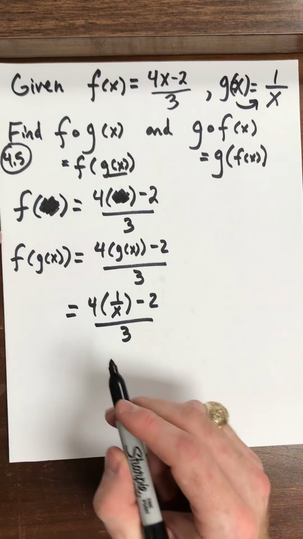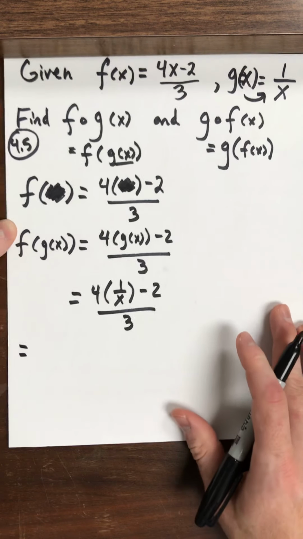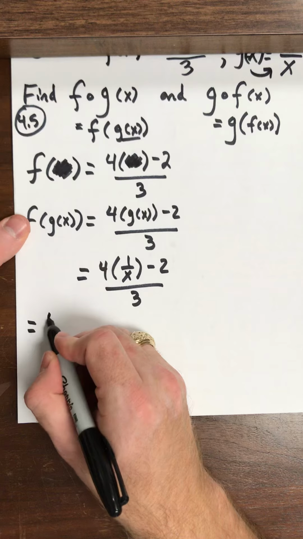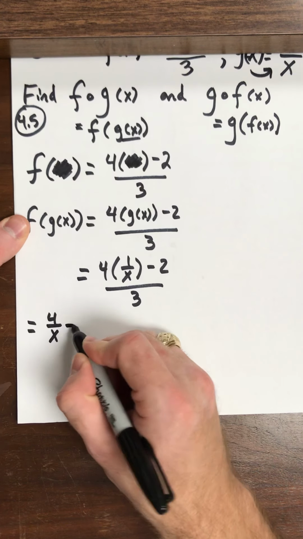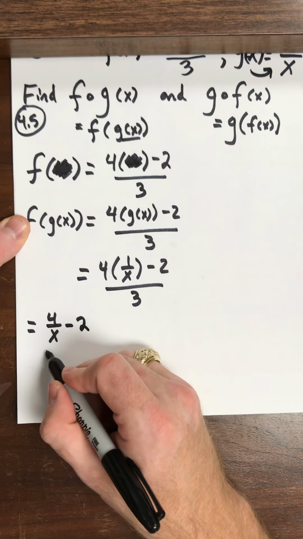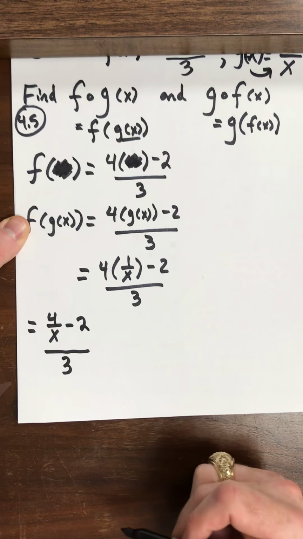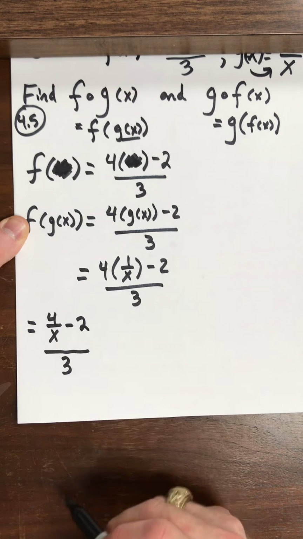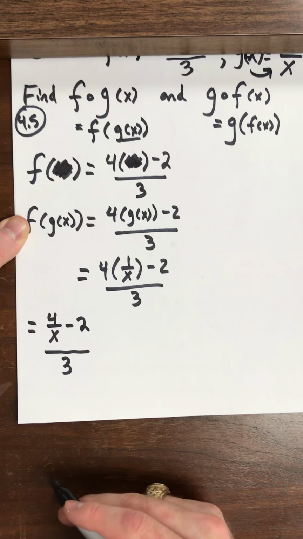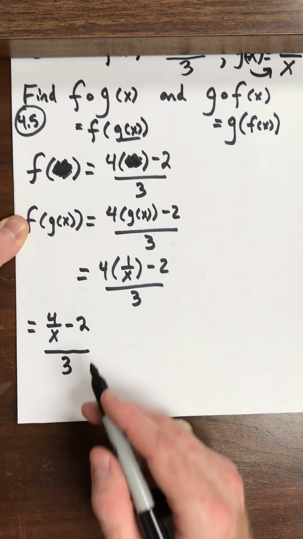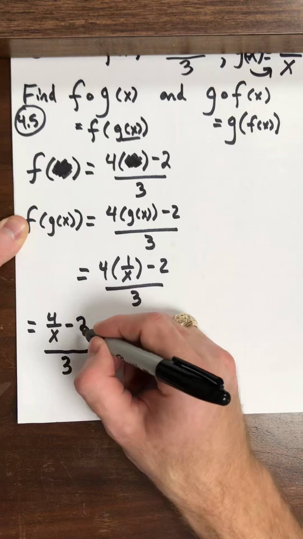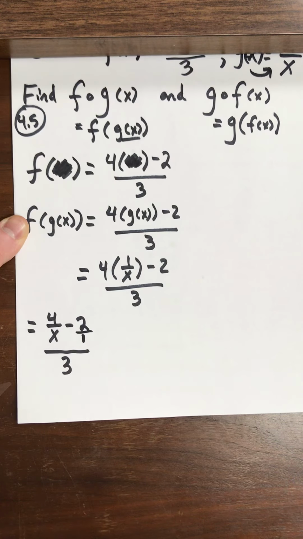Okay? So what does this equal? This is going to be 4 over x minus 2 over 3. Now to combine these two here, I have to have a common denominator. Right now the denominator on that 2 is a 1.